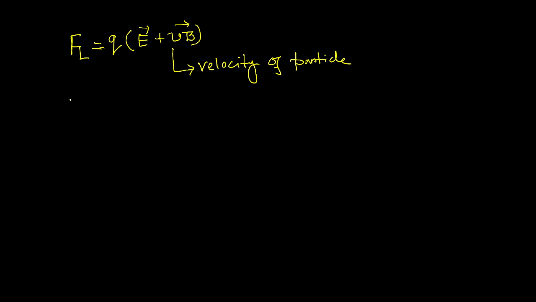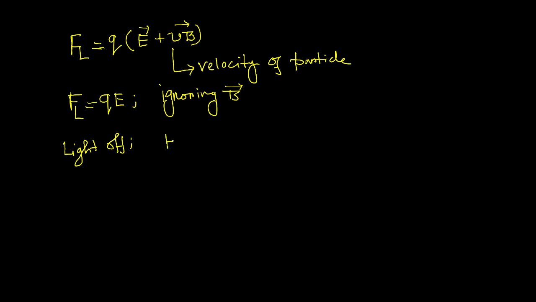So we can write your Lorentz force as q times E, ignoring the contribution from B. Now at the light off condition, there is no perturbation, so H0 will be, you know, P squared by 2m plus V(x).